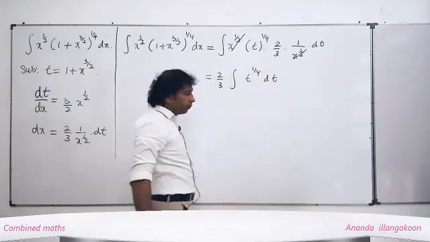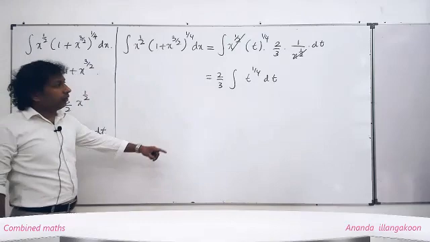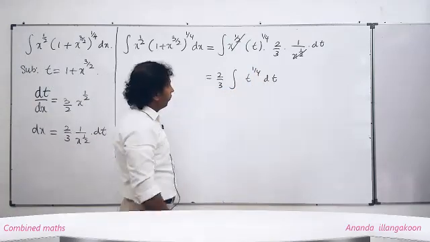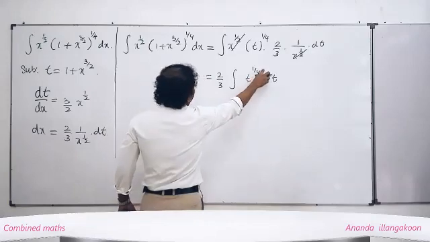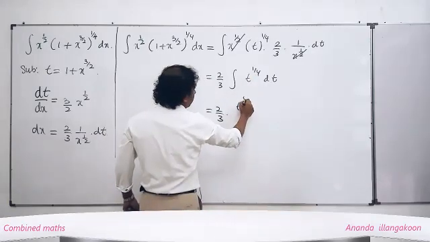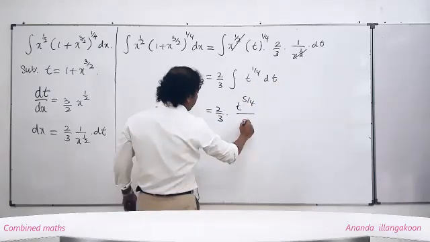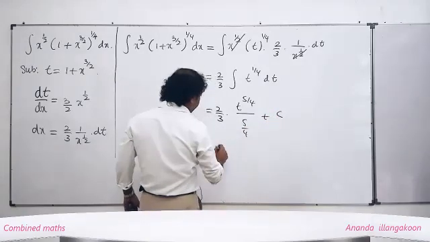Right. How to integrate this? Add 1 here and divide by the new power. So what do you get? 2 by 3 t to the power 5 by 4. Now once we add 1, divide by 5 by 4 plus c.